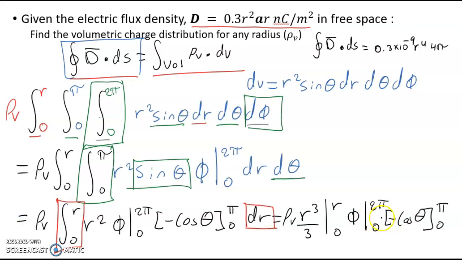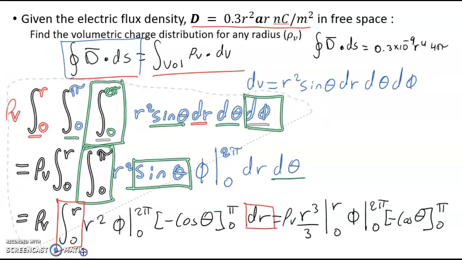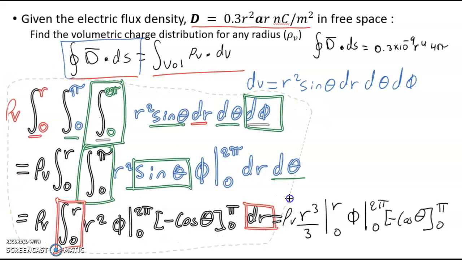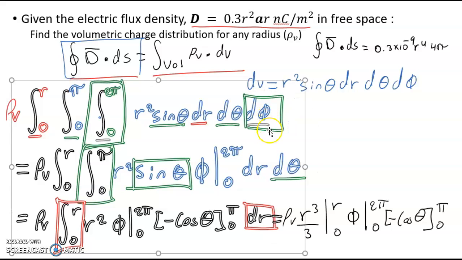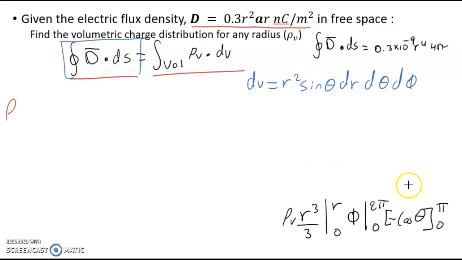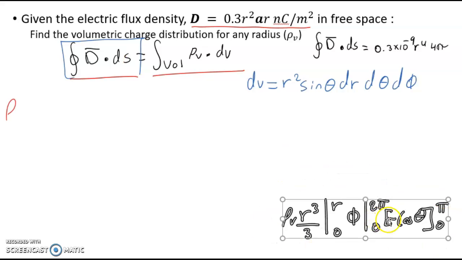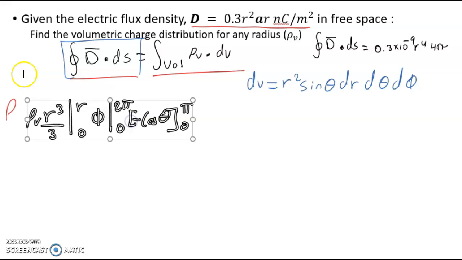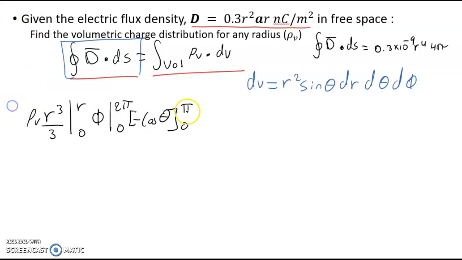We can take this expression and start to evaluate it within the limits. Eliminate all this part, take this one, and evaluate. So rho v is going to be multiplied times radius cubed over 3.